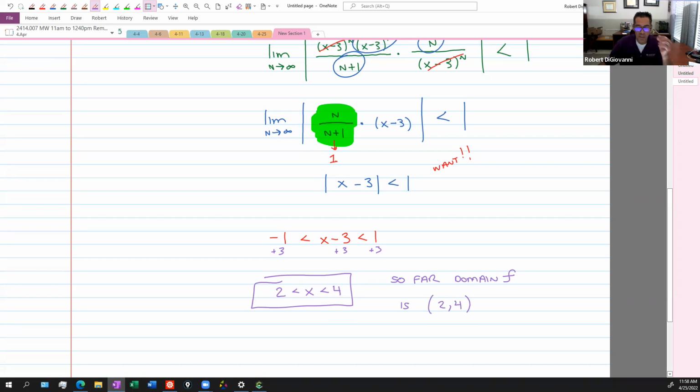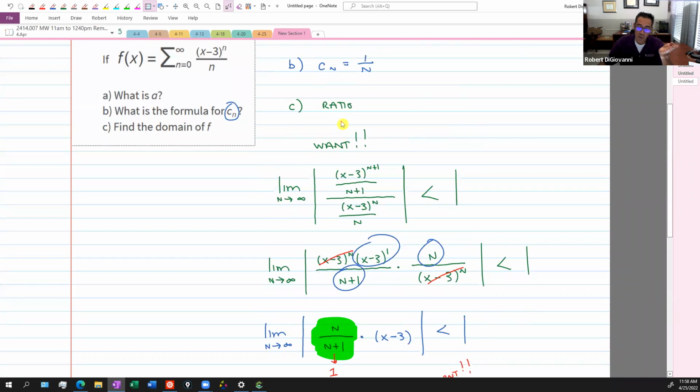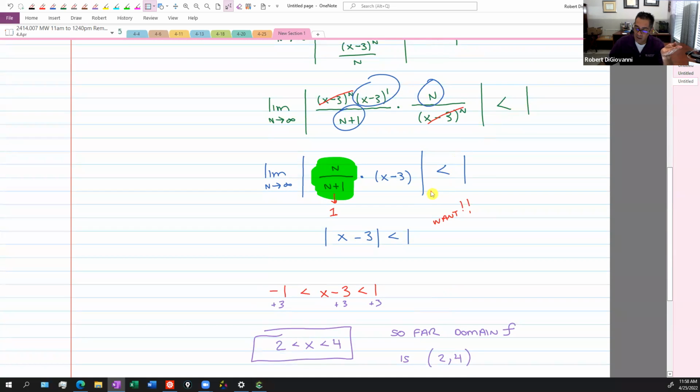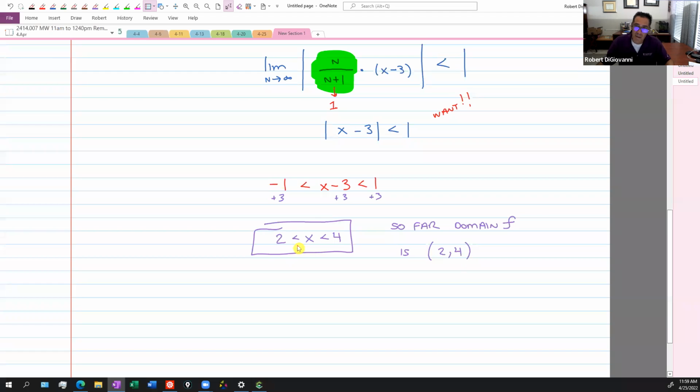In other words, if you give me an x value between 2 and 4, then I know that this power series will converge. Why? Because when I run the ratio test on that, I'm going to get this to be less than 1, right? And therefore, I'll get convergence. I'm not telling you what it converges to. I just know that it will converge, which means these numbers are in the domain of the function. Does that make sense?